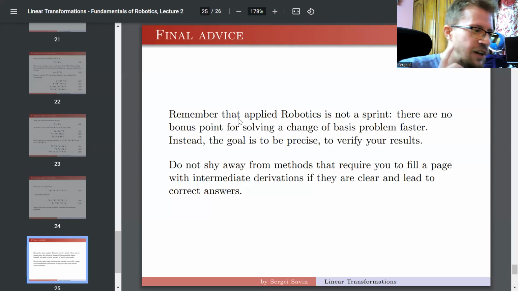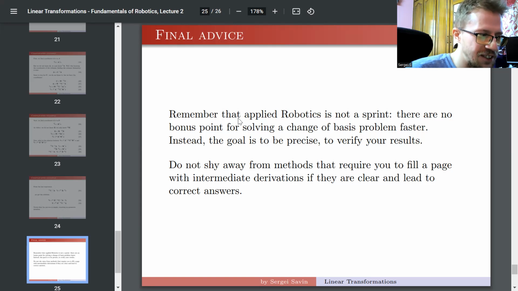But please remember, word of caution. Robotics is not a sprint. There is absolutely no advantage in trying to solve something very fast. Instead, solve something very carefully. My argument is that the method that I presented to you is careful enough, but verify, double check, think about what you do. Don't try to solve a problem in 5 minutes.